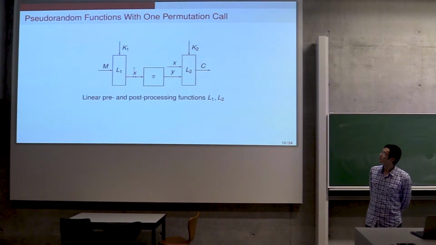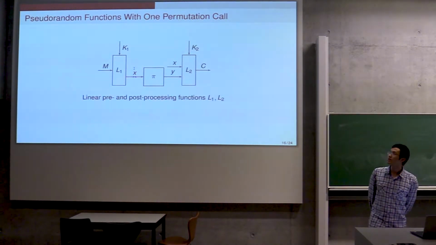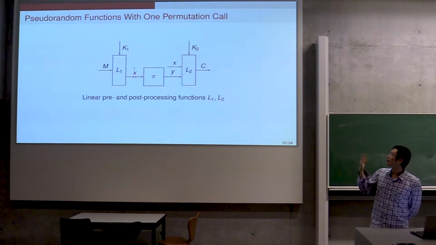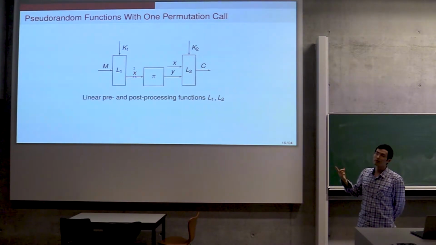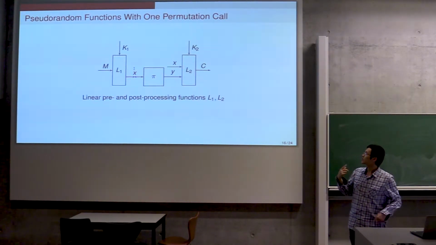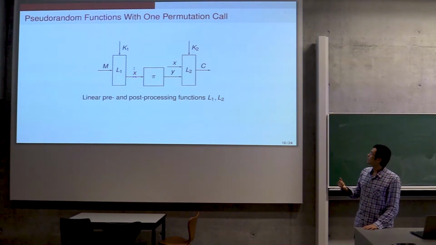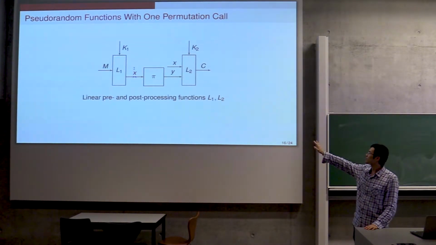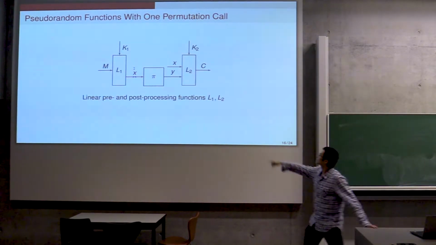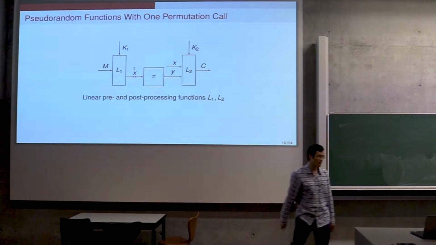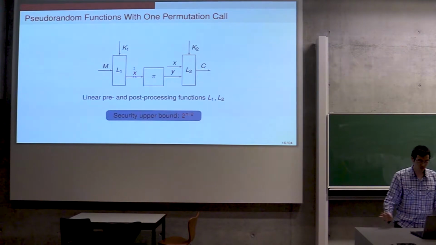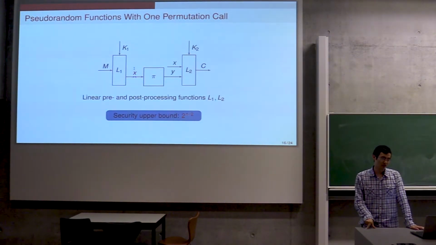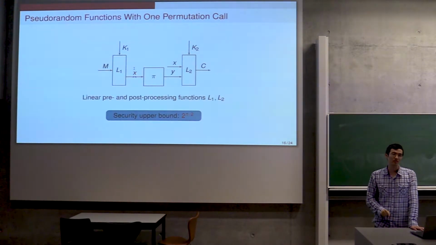The first result achieved in this paper is by considering a general PRF design using one pseudorandom permutation call, and also using linear pre- and post-processing functions L1 and L2. We showed that this construction in general cannot be secure beyond birthday bounds.